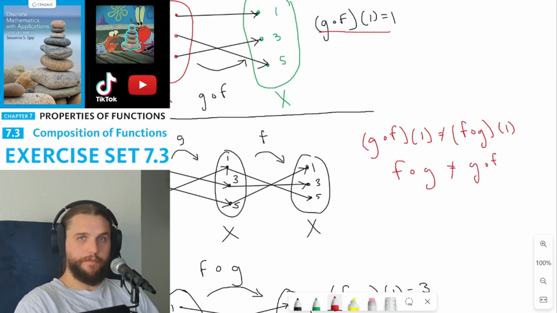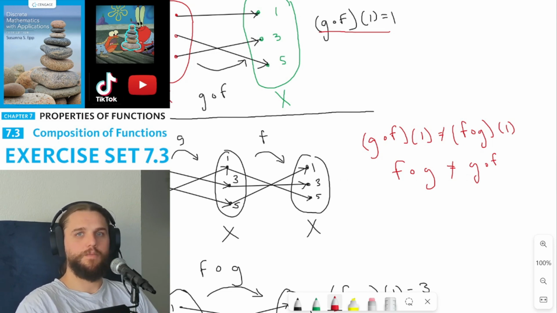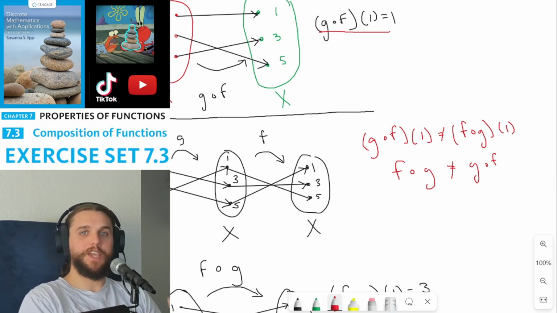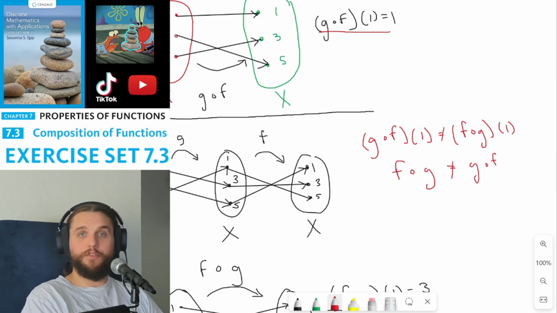To be the same functions means that they are literally the same relation. We'll get into what a relation is eventually, but really it has to be the same relationship between the first set and the second set, meaning that if we plug in an element into one function, it should be the same output as if we plug that input into the other function.